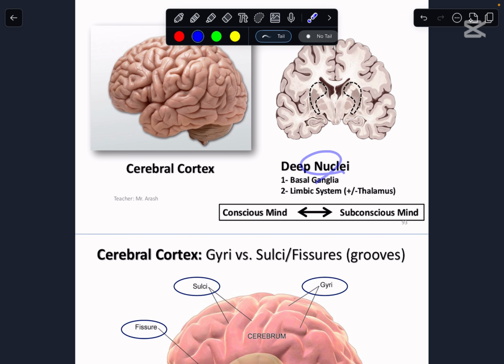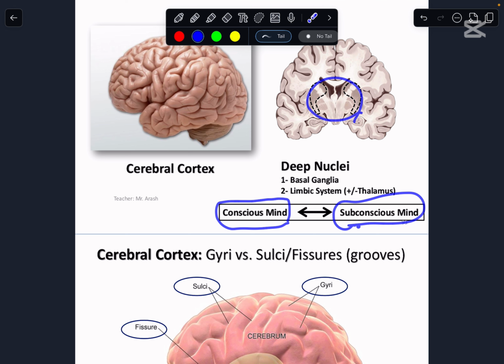This is the part of the brain, by the way, that essentially connects your conscious mind into your subconscious mind. So if you think about things like your deep personality traits, let's say, things that sometimes you have no control over in terms of the way you behave or the way you think, those types of things.